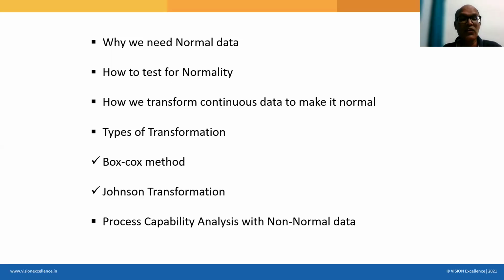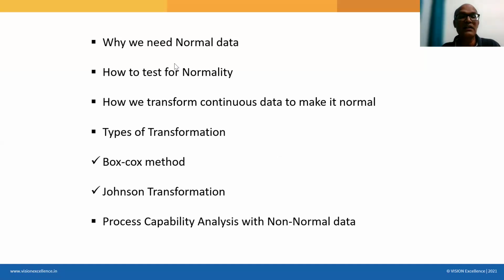There are two kinds of transformation we are going to discuss, which are very popular. One is called the Box-Cox transformation, and another is called the Johnson transformation. Using that, we can see what the result is. This is the topic we are going to cover.